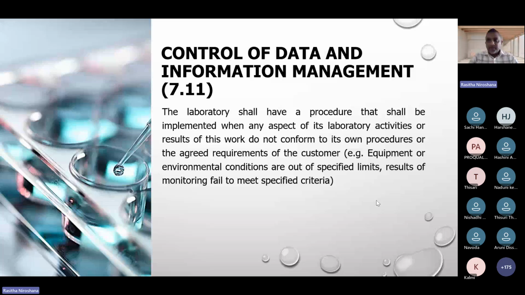Okay. Right. So let's go back to the data. Why is laboratory data important? You may know about this data from the beginning, because we discussed raw data, control of data and information management, at level 7. So this is a very, very important part.